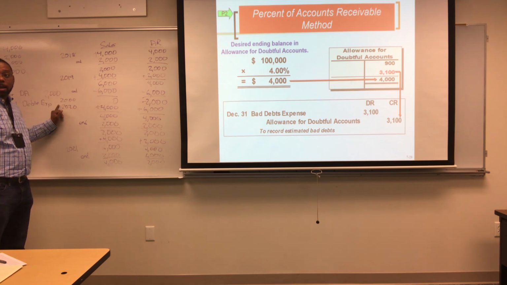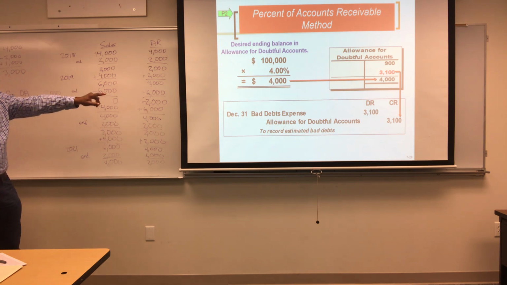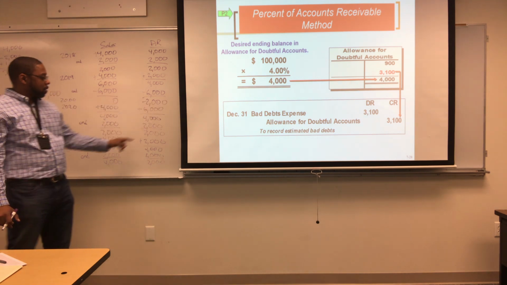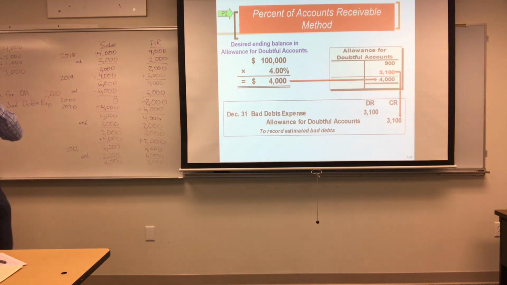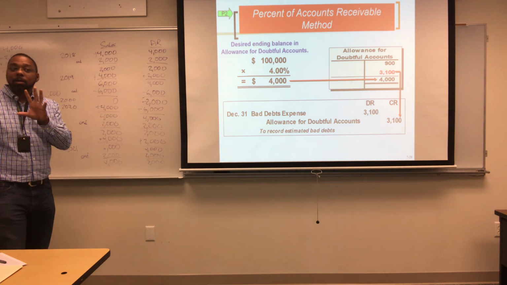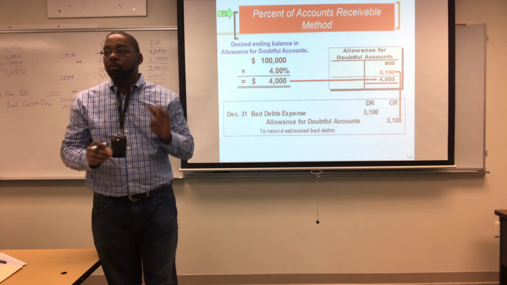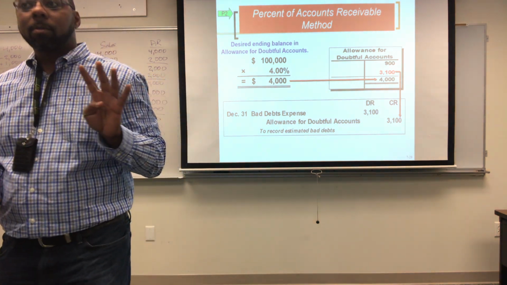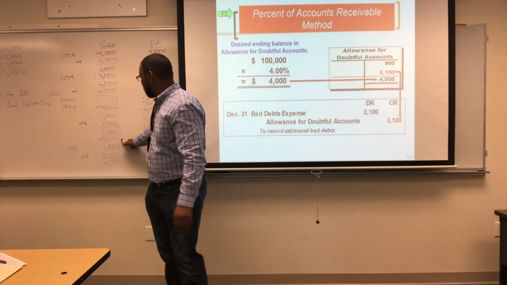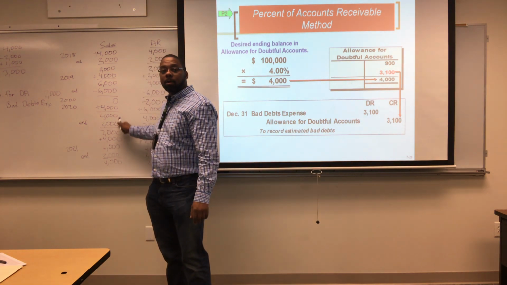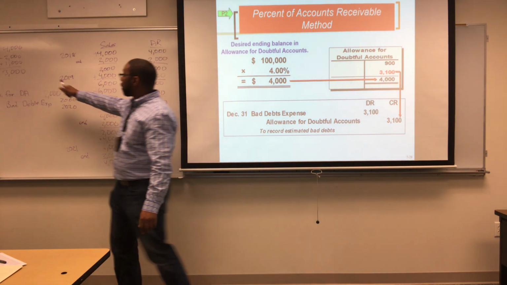But here's what just happened. This $2,000 plus the budgeted bad debt expense was 4. We'll reduce it to 1, so that added another 3. Does everybody get that? The budgeted bad debt expense was $4,000, but we only took 1 this year.